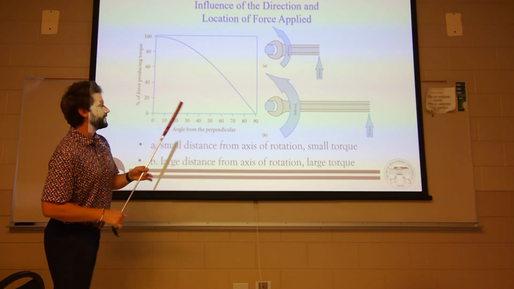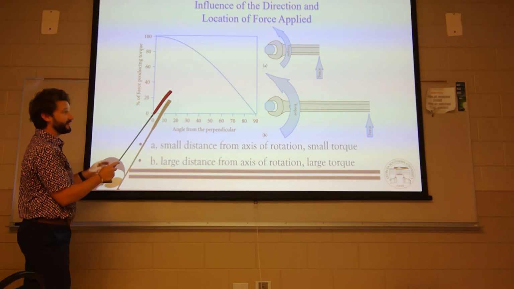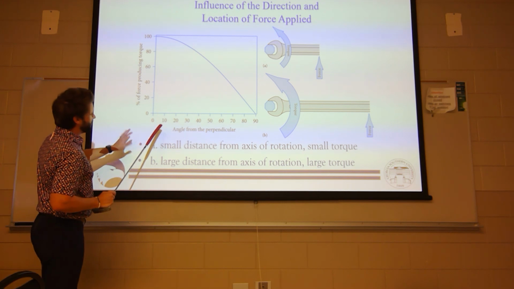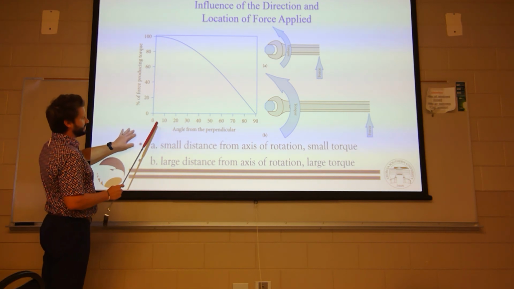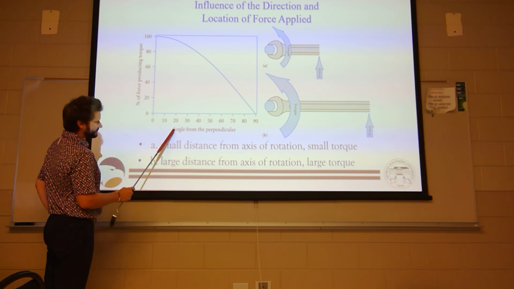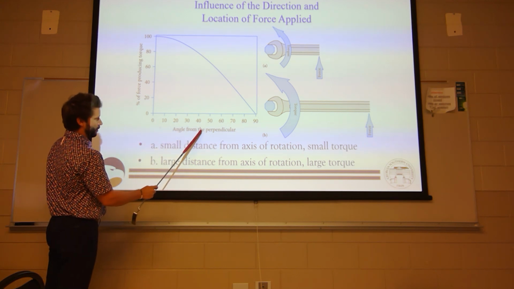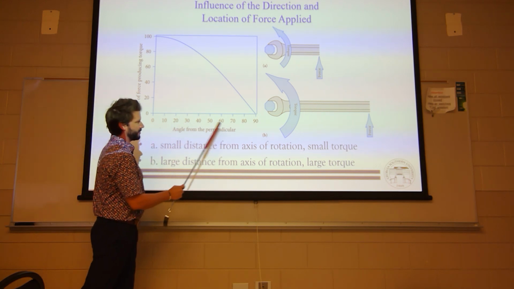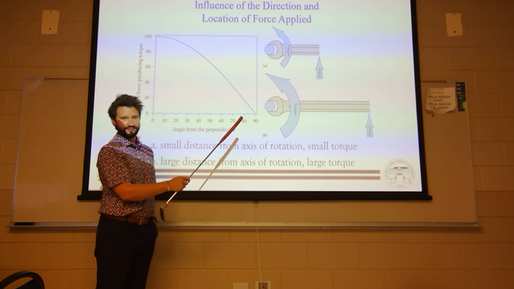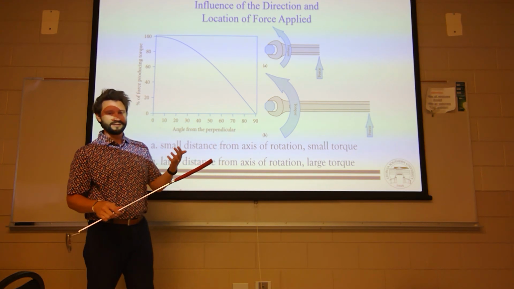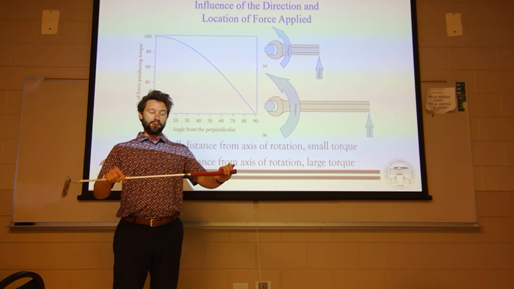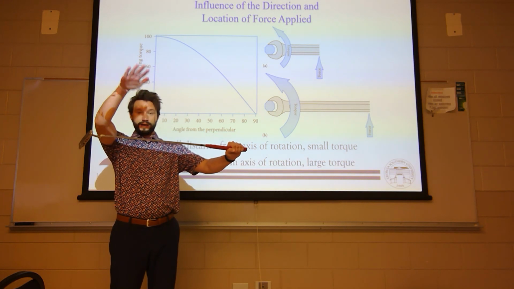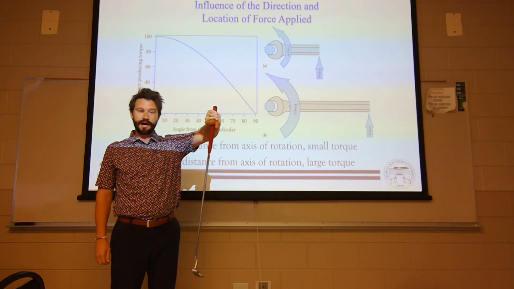Okay, so let's start with the angle. So we're going to start with this graph to the left. It's a bit of a busy graph, so let's talk about what we got. On the x-axis, we have angle from the perpendicular. And you've got a 0-degree angle, 10, 20, 30, 40, up to 90 degrees from perpendicular. What that means is that at 0, we are applying a force perfectly perpendicular to the object.